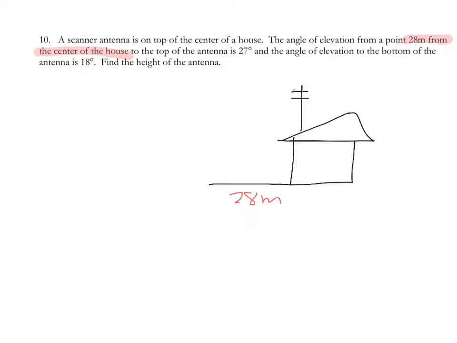And then the angle of elevation to the top of the antenna is 27 degrees. So it's going to be this big angle here. Big angle is 27 degrees. The angle of elevation to the bottom is 18. So that's going to go to the bottom of it. That's 18 degrees.